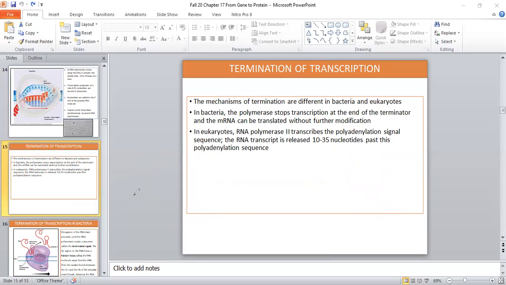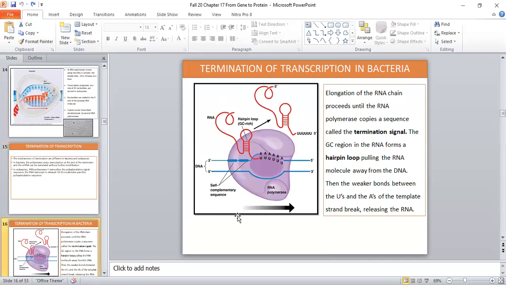Yeah, we can go to the next slide. This one is about how it works in bacteria. Elongation proceeds until RNA polymerase copies a termination signal. The GC region in the RNA forms a hairpin loop, pulling the RNA molecule away from the DNA.